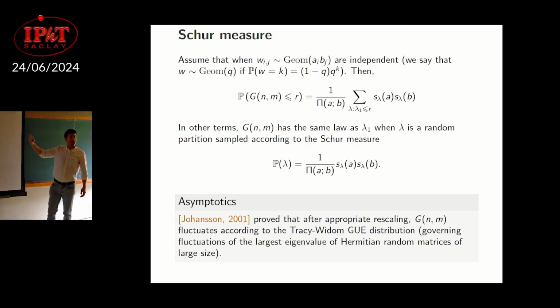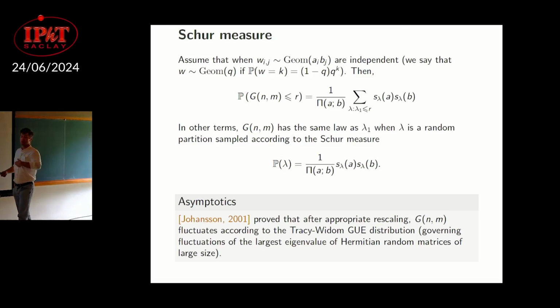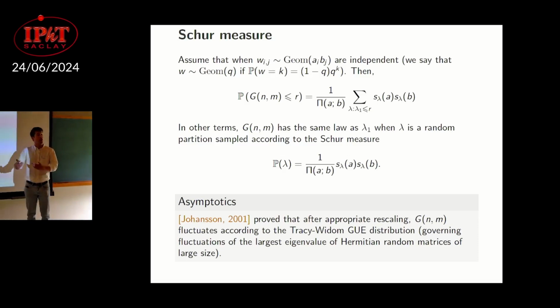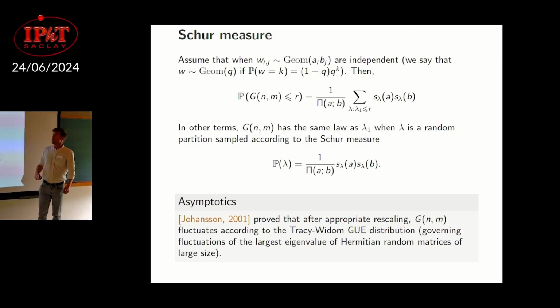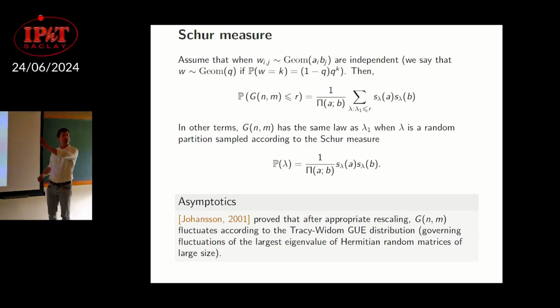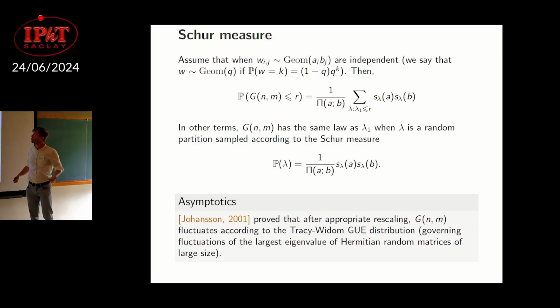If one does that, then it's really a direct application of the RSK correspondence and the Cauchy identity that the probability that G(n,m), this maximum over paths of sums of random variables, is less than some value r will be given as a sum over partitions, summing only over partitions such that lambda 1 is less than r, of a product of two Schur functions.